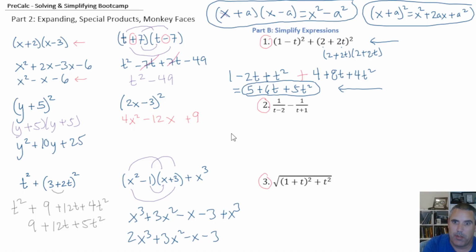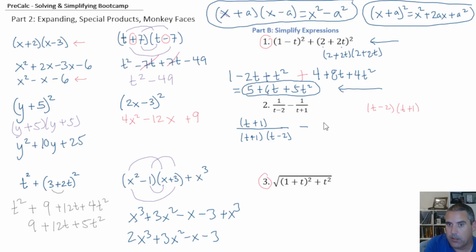Okay, the next one is just about combining fractions. So if you need a review on that, I do have a separate video that's about how to put fractions together, but we need a common denominator. The common denominator here would be 2 minus t and 2 plus 1, t plus 1. So I want that to be on the bottom of both. So I'm going to multiply the first one by t plus 1 over t plus 1. And I'm multiplying that times this.